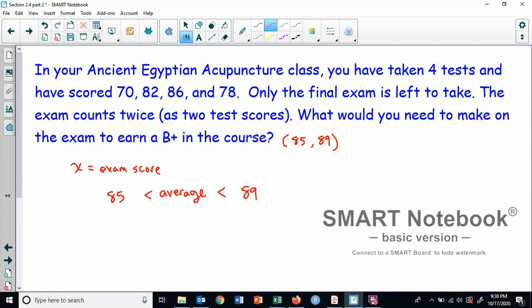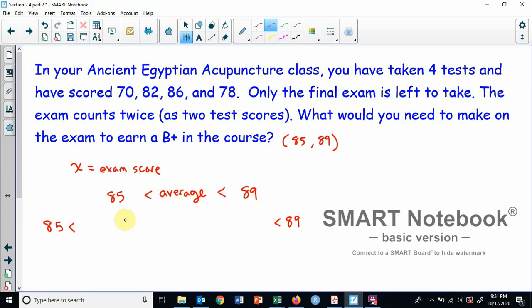So this makes sense as a compound inequality, which we just learned about. You want to see what your exam score needs to be in the B plus range from 85 to 89. I just have to figure out how to find this average.